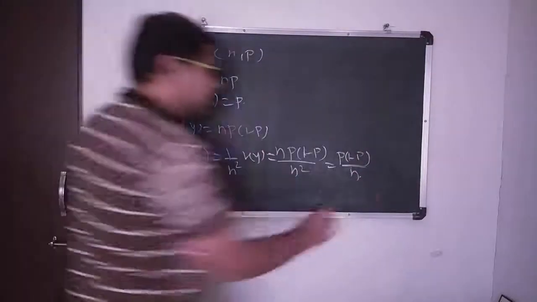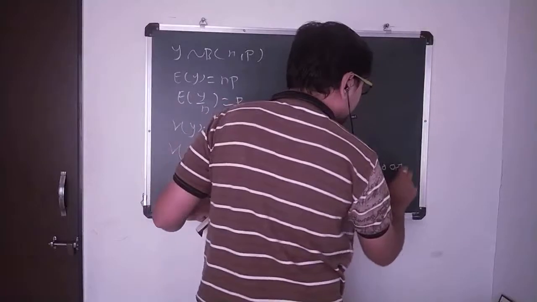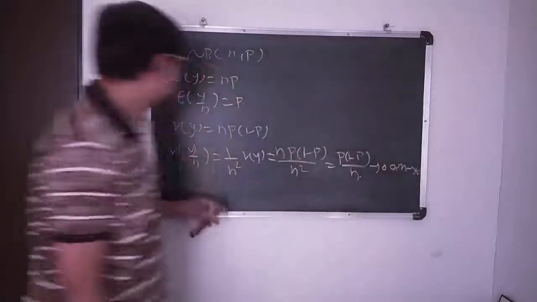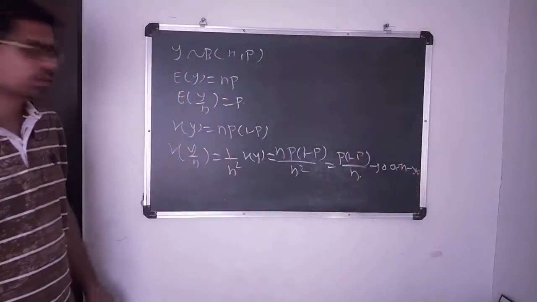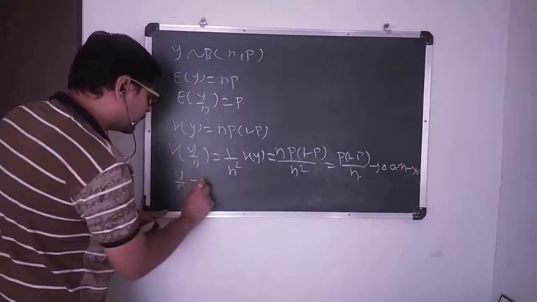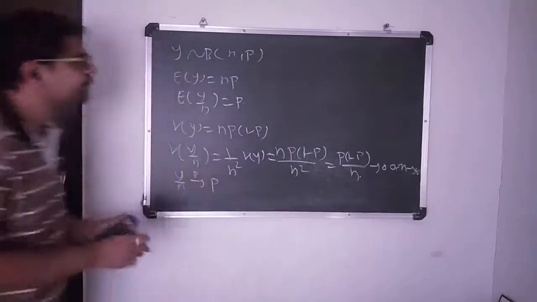And this tends to 0 as n tends to infinity. So both sufficient conditions are satisfied, so Y/n is a consistent estimator of p.